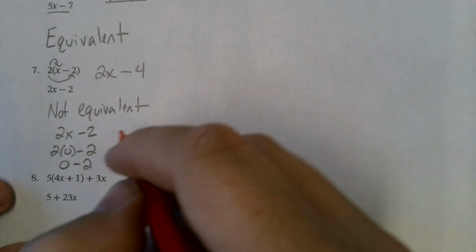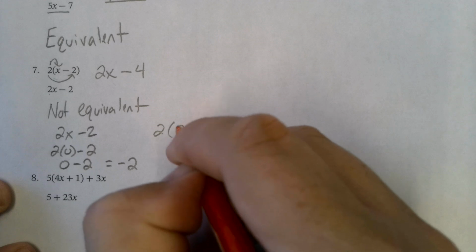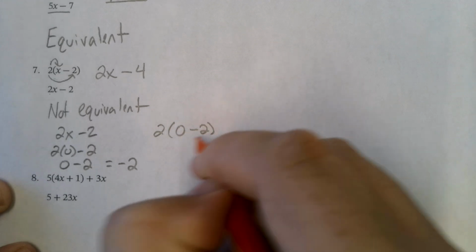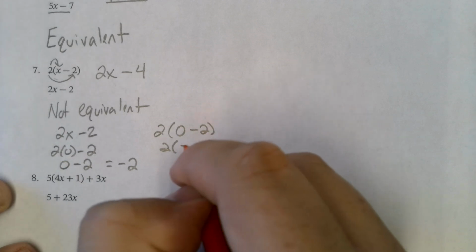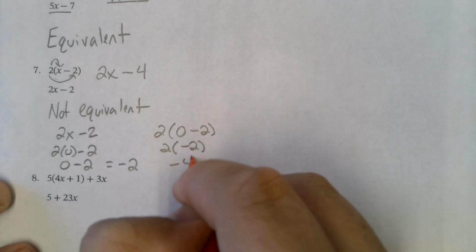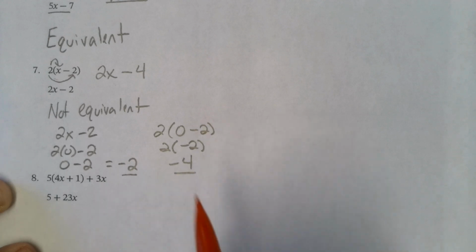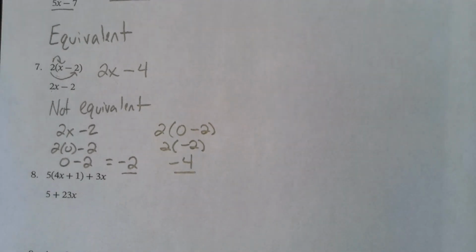If I use 2 times 0 minus 4, I get 2 times negative 2, which is negative 4. And negative 2 and negative 4 are not equivalent. And when we substitute different numbers in, we do not get the same expression.